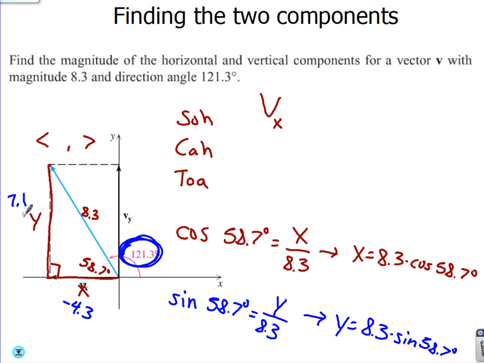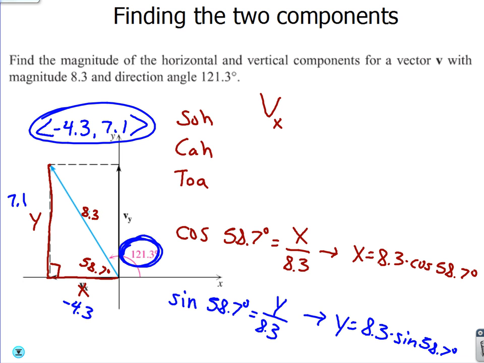So your actual vector that has a direction of 121.3 and a magnitude of 8.3 is negative 4.3, comma, 7.1. That's the component form. You're going from magnitude and direction to component form, and here shortly we're going to do the same thing backwards.